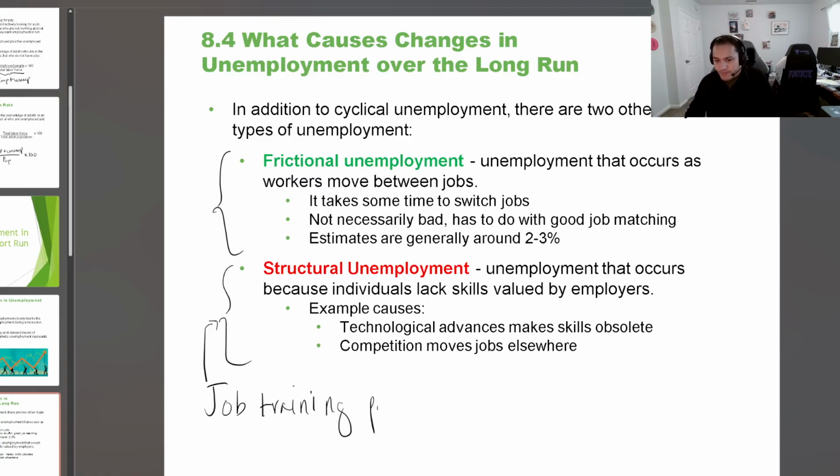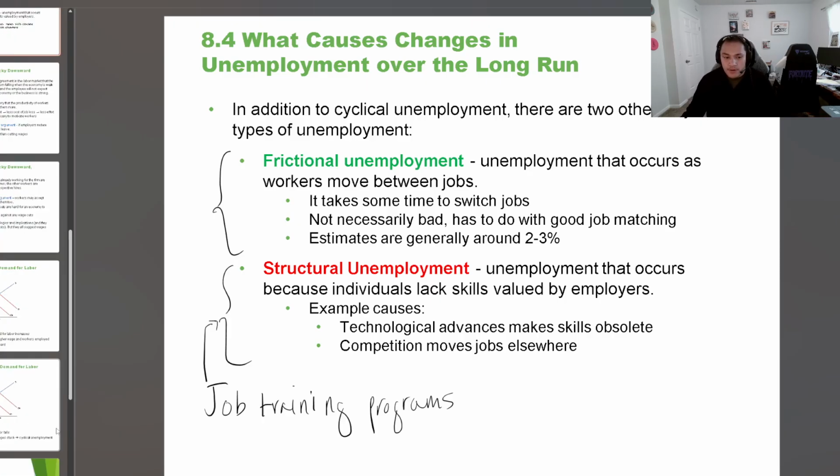So, in response to structural unemployment, an administration might implement job training programs to help individuals whose skills are no longer used in the labor market. And as more and more jobs become automated and replaced with technology, we might see the creation of new job training programs that allow those people to continue to work.